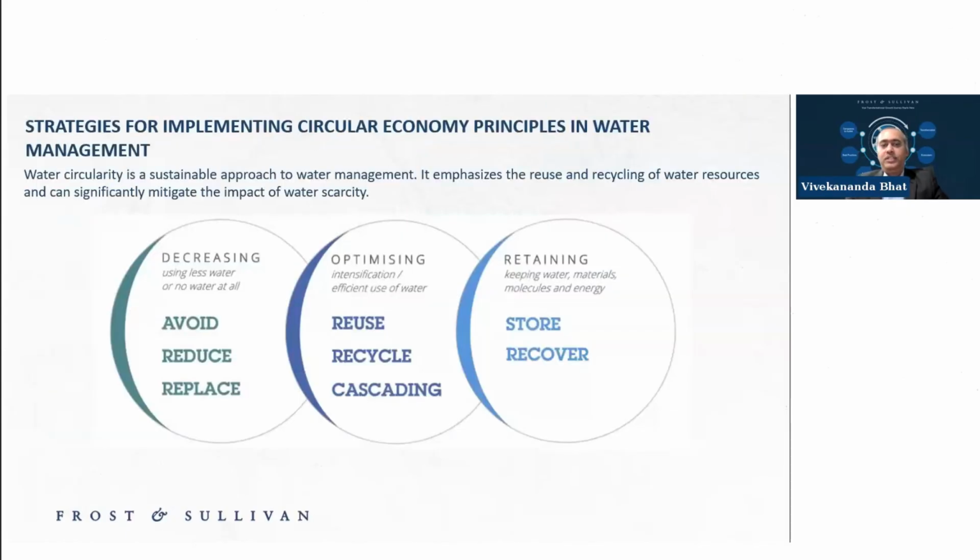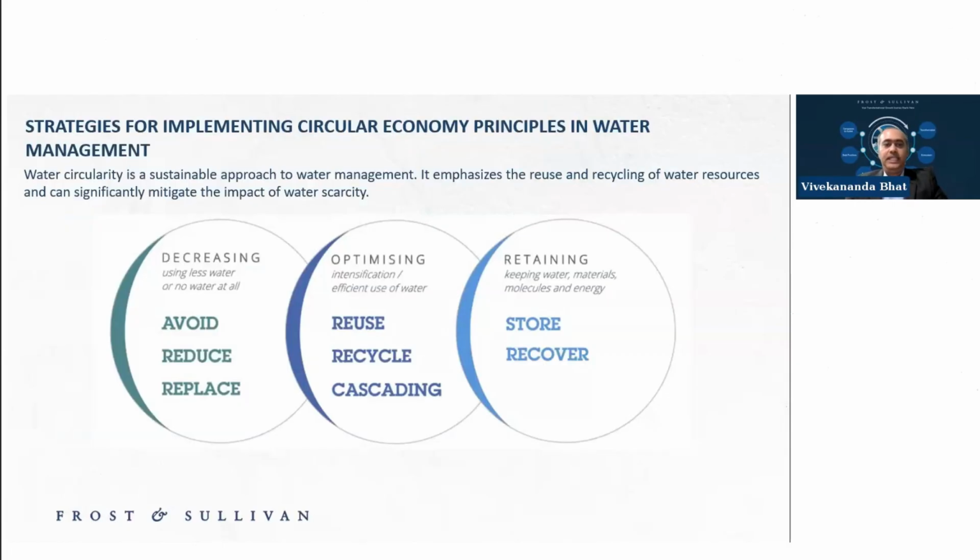Now, a quick look at today's topic, the circular economy principles in water management. There are three important categories of strategies for implementing circular economy principles in water management. The first one is the decreasing strategy, then optimizing and retaining. Under each of these strategies, there are different techniques.